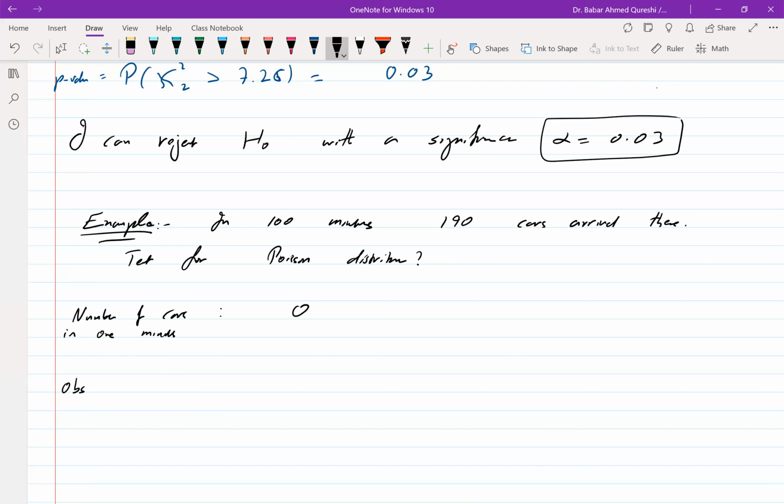So these are the observed numbers. There were 10 minutes where no cars arrived. Then there were 26 such minutes where one car arrived.